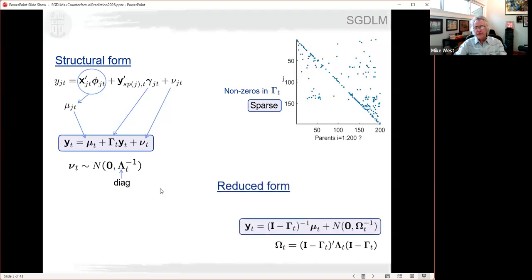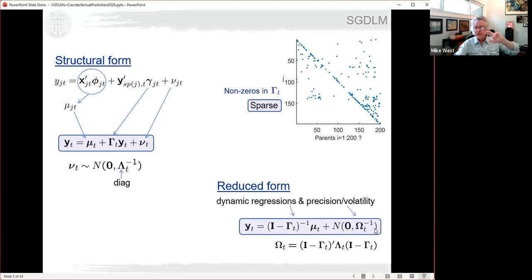And then the reduced form of the model will invert this matrix I minus gamma and move it to the right-hand side. And so the model for the conditional normal distribution for this 400-dimensional vector y down in the bottom corner has a regression term where the individual elements of mu get mixed up through this I minus gamma inverse.